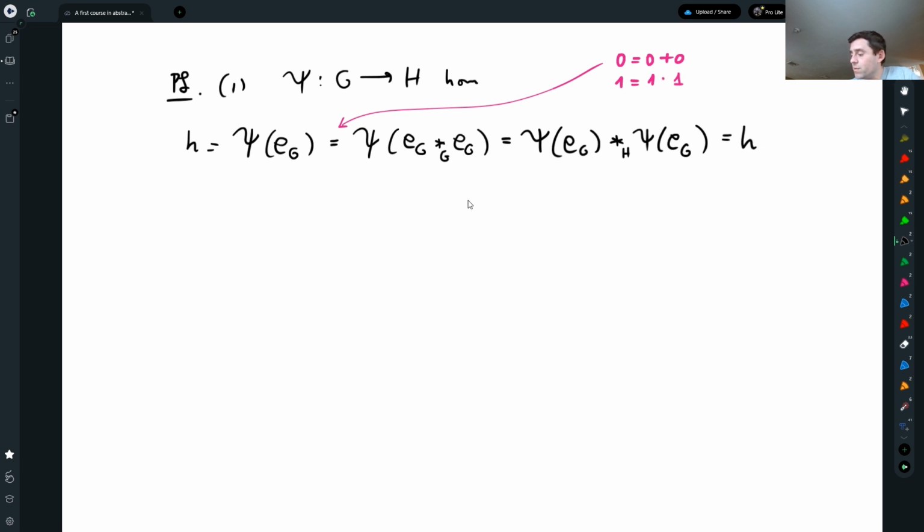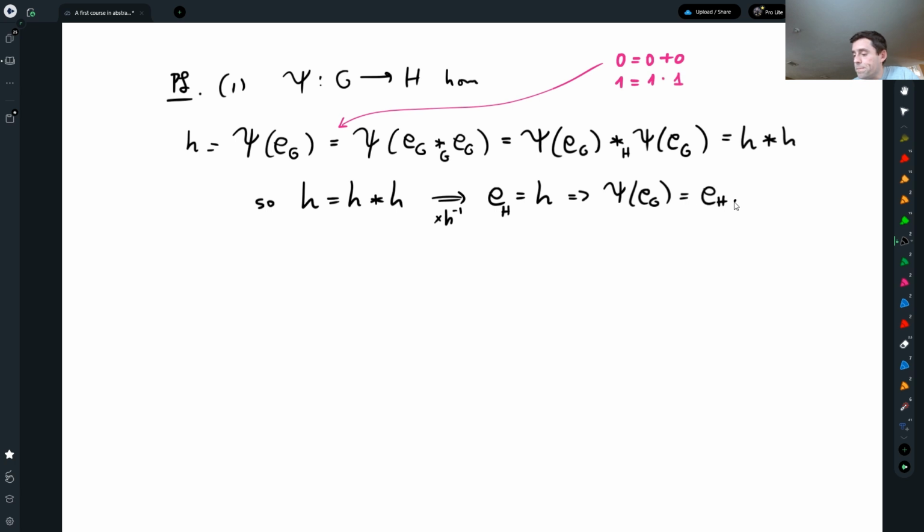So this is H times H. So what I got is that H is H times H, and therefore just multiply by H inverse on both sides. What I get is that E equals H, namely that the identity in G maps to the identity in H. Okay, so that proves 1.